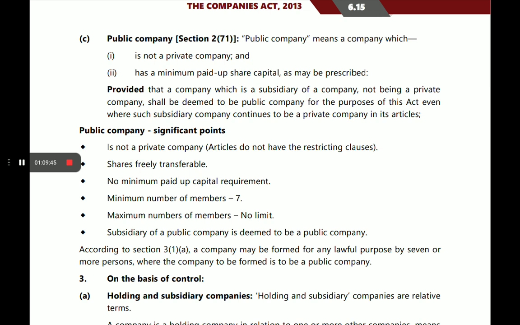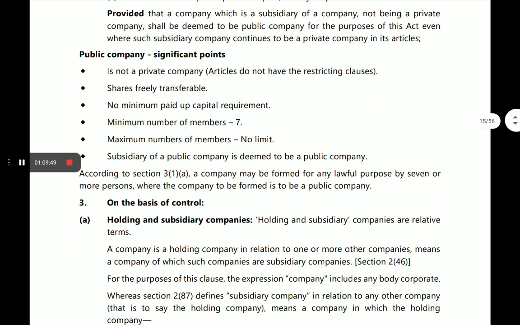Subsidiary of a public company is deemed to be a public company. According to Section 3, Subsection 1, Clause A, a company may be formed for any lawful purpose by 7 or more persons, where the company to be formed is to be a public company.